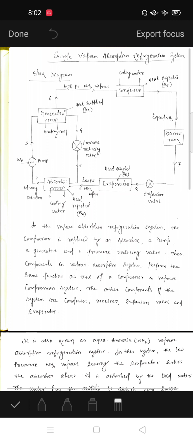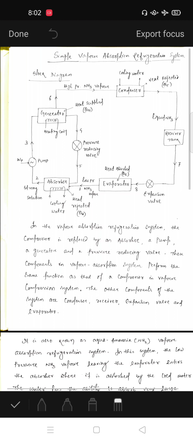If I recall the main components used in the vapor compression refrigeration system, they are the evaporator, compressor, condenser and expansion valve. The only mechanical device used in the vapor compression system is the compressor.